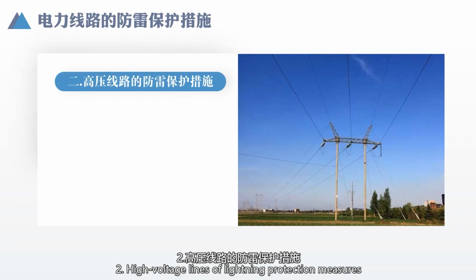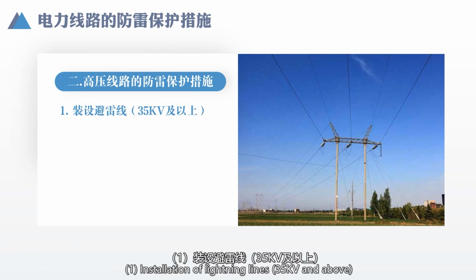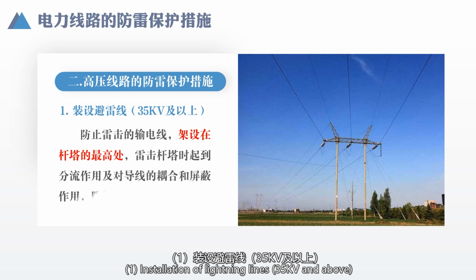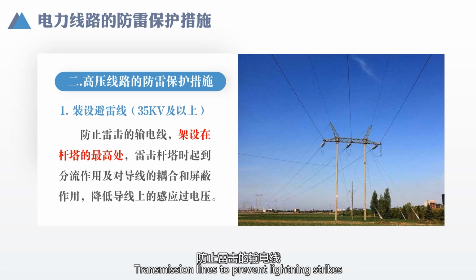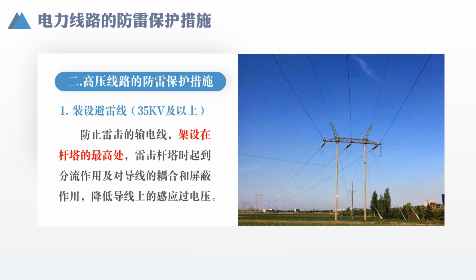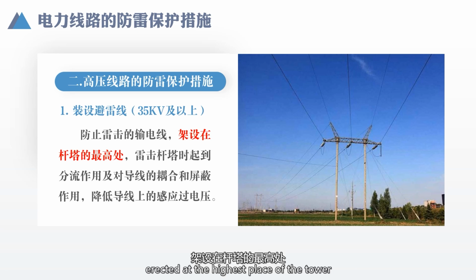Second, high voltage lines lightning protection measures. Install lightning conductors on 35 kV and above transmission lines to prevent lightning strikes. They are erected at the highest place of the tower.